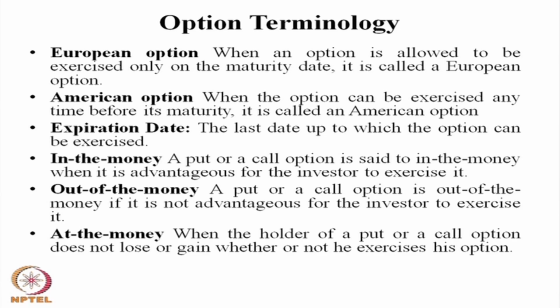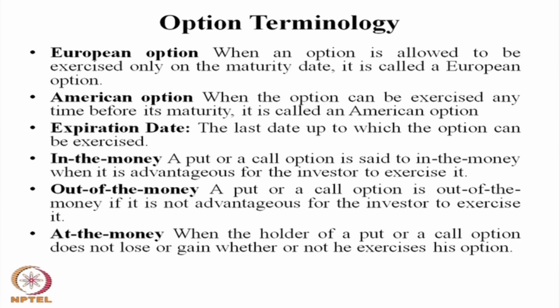Then it is a European option. In the case of an American option, you can exercise the options any day during the maturity period. So the American option is open, while the European option can sometimes be called a closed option, as you can exercise only on the date of maturity. The American option is open up to the maturity date, and any time you can exercise your options.